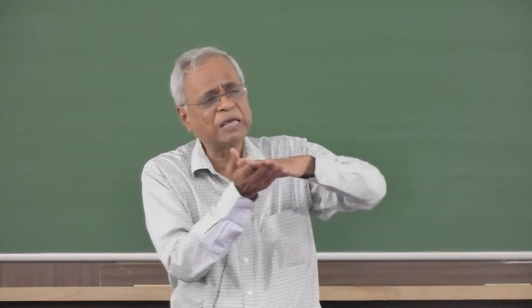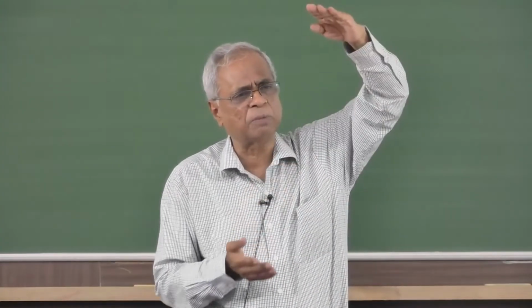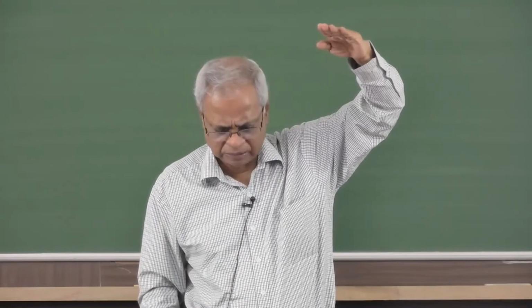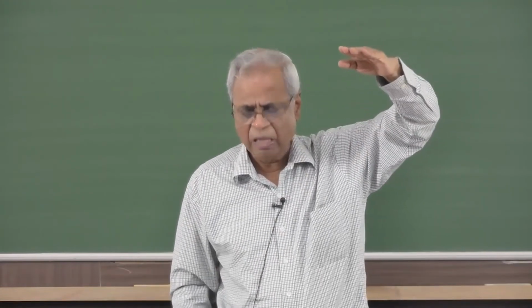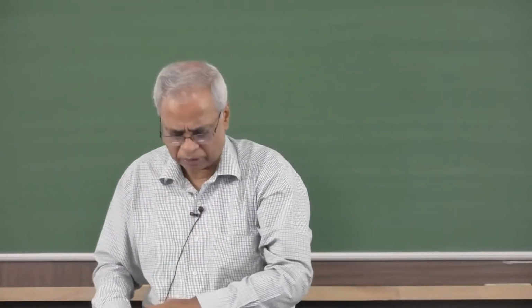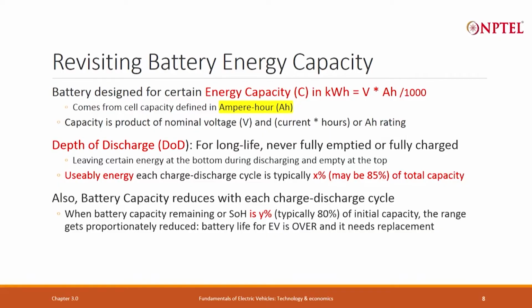And you may want to never reach the top, maybe 90%, maybe even less, and similarly do not go to the bottom. You want to leave X percent of the total energy as the usable energy, some not at the top, some not at the bottom.